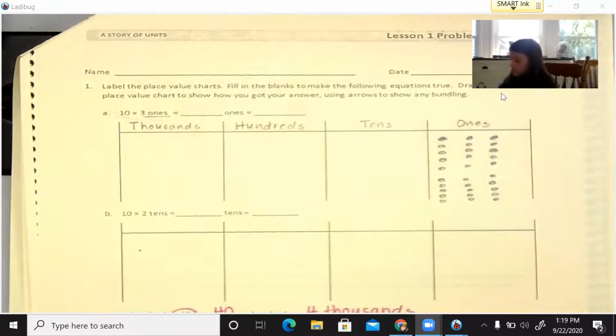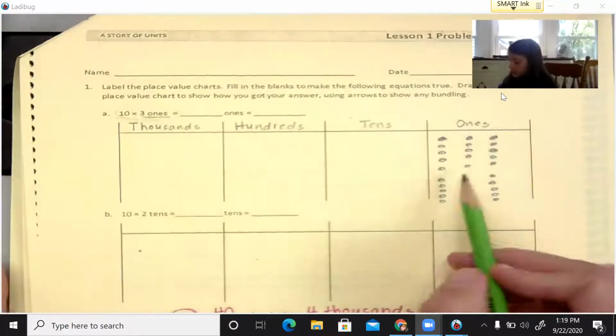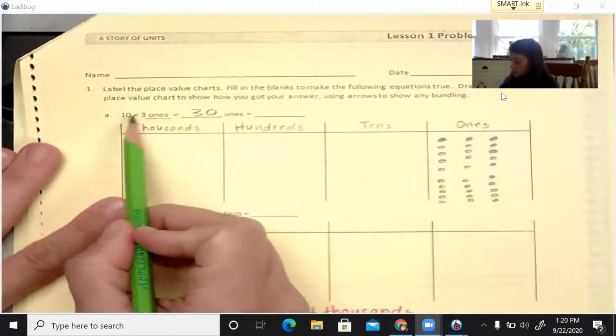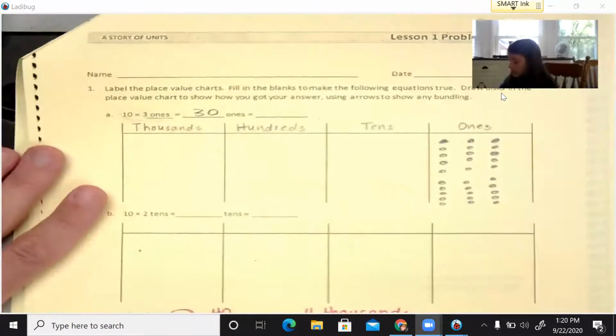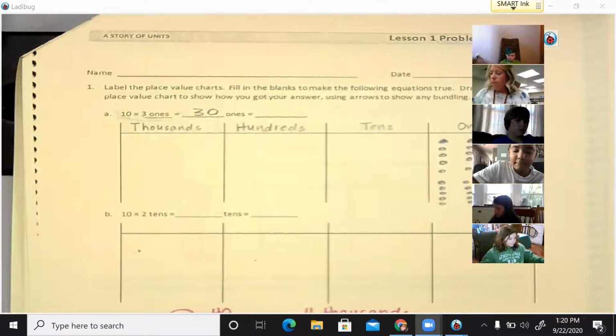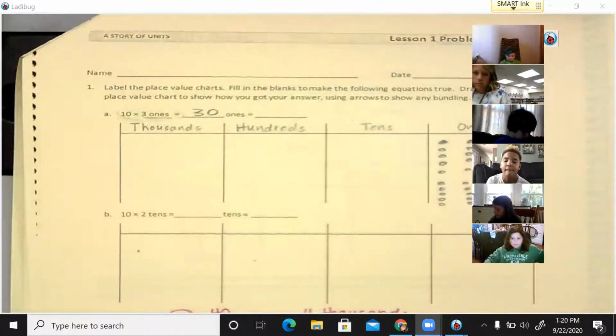Now we're going to fill in this first blank. Nina, how many ones do I have now? You have 30. Very good. So right here, I'm going to fill in my 30. And if you are fluent with your extended facts, 10 times 3 gives us 30. So now we're going to do some bundling and some exchanging. Olivia, how many ones can I exchange for a 10?